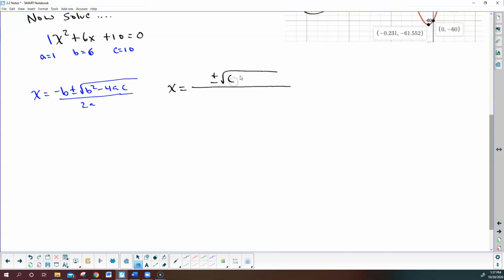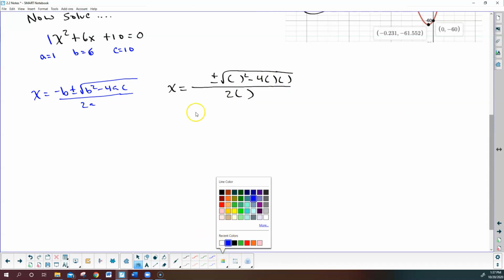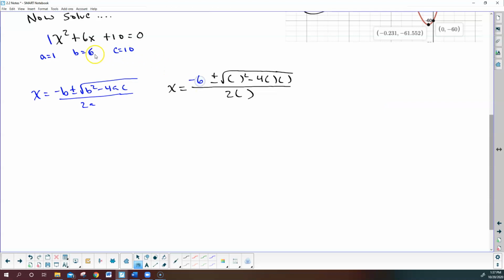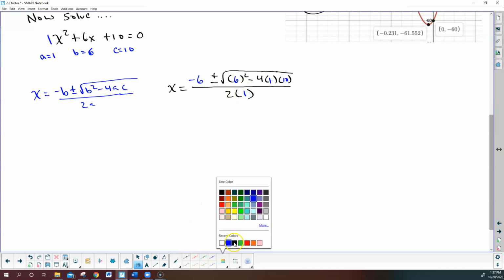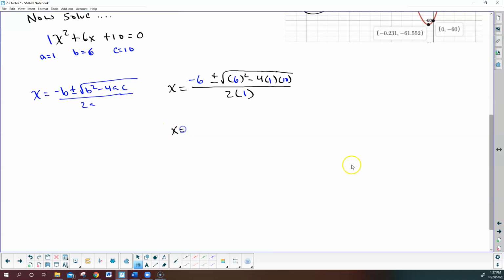I always like to fill in my blanks with the numbers. So what is B? Well, B is 6. So opposite of 6 is negative 6. Plus or minus square root of B squared, that's 6 squared, minus 4A times C all over 2A. And we're just going to simplify. We get negative 6.